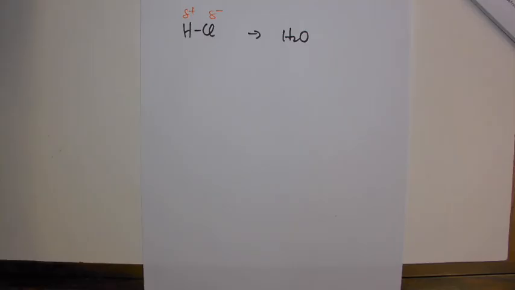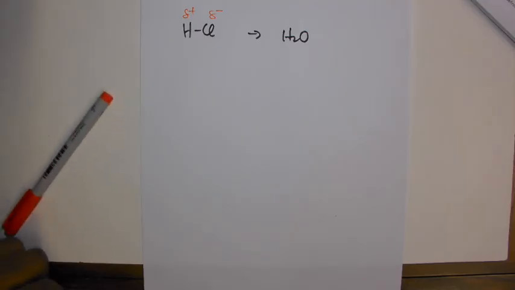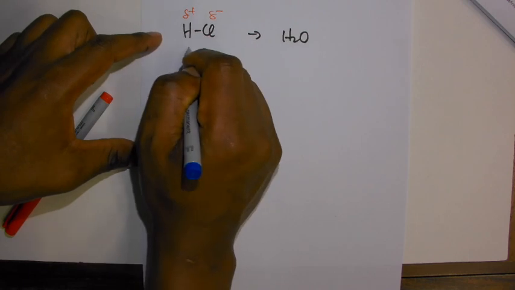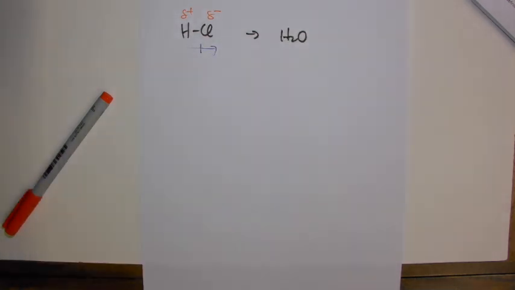So there's a difference in electronegativity here, and then we say this molecule is polar, yes or no? It is polar because there's a difference in electronegativity. Which side does the dipole moment go to? It goes to the one that is most electronegative. So the direction of the net dipole moment here is this one. Do you guys understand that?